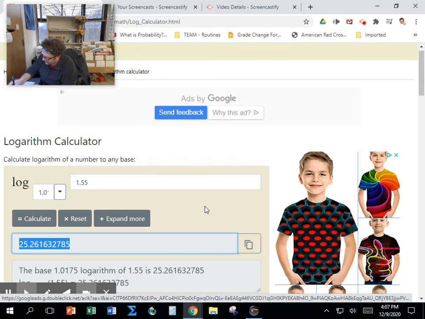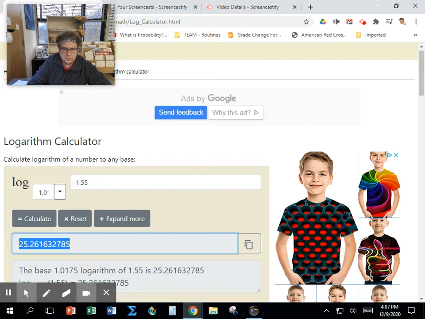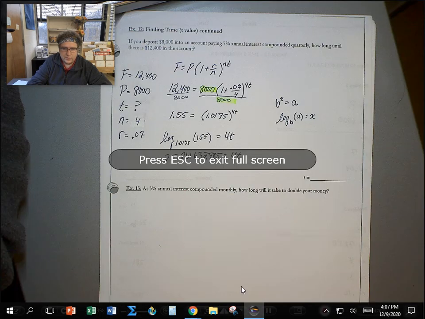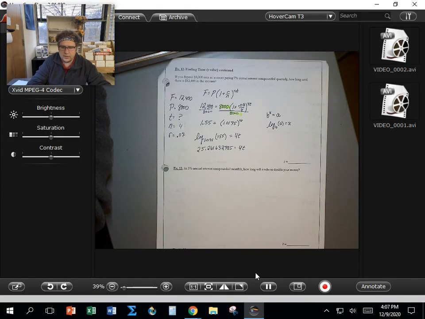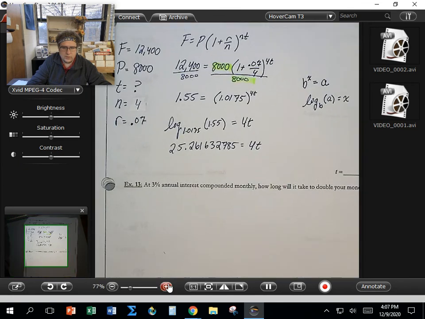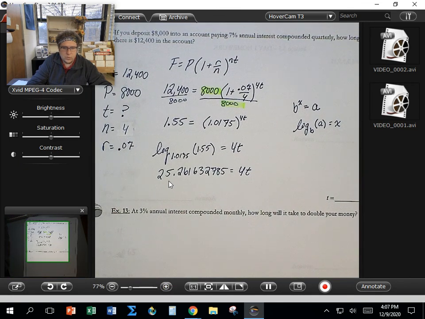25.261632785. I know I'm crazy for writing that, but I like you to see exactly what the calculator spit out, and then you can adjust it afterwards. So we're back here. Actually, I'm going to stay in this mode right here. There we go. So we know 25 was the value of that logarithm right there.